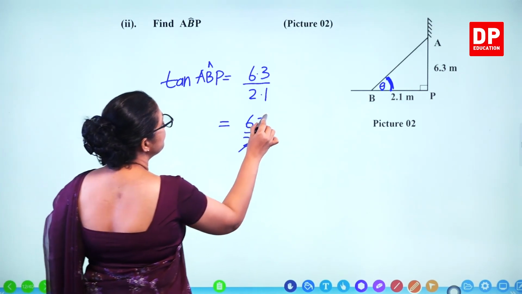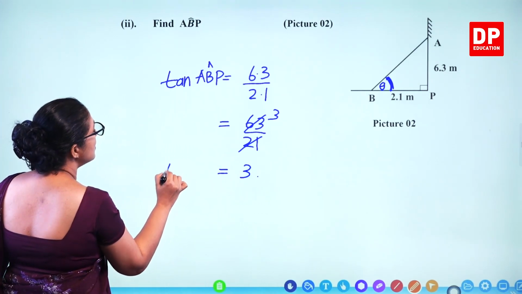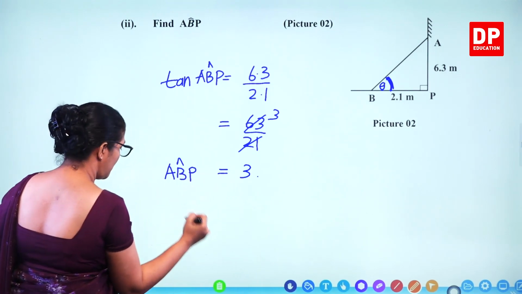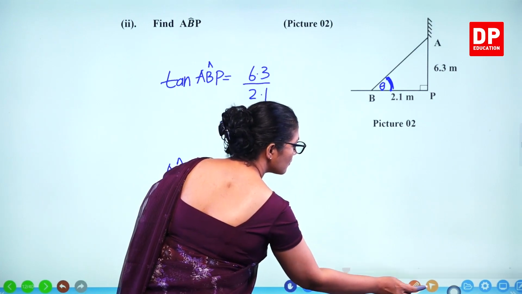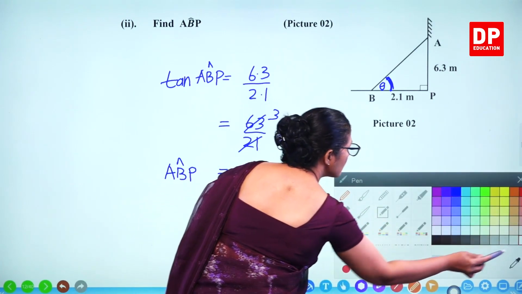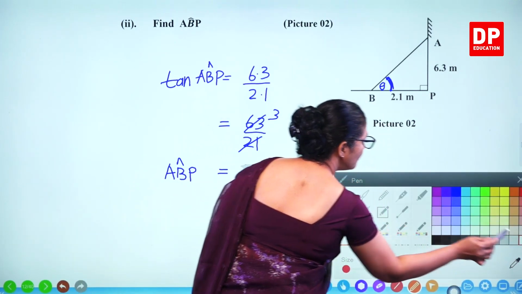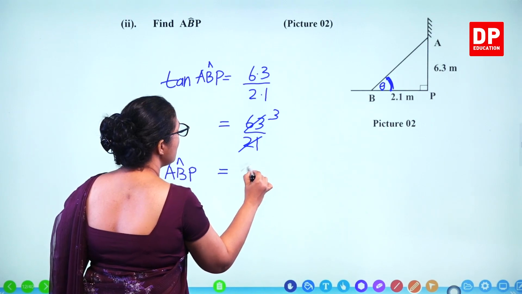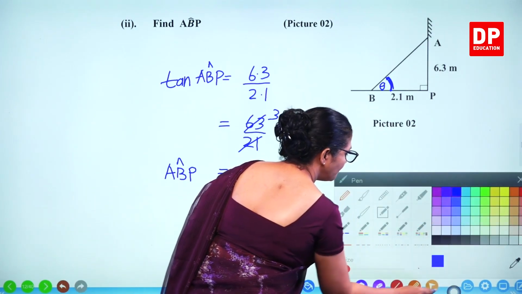This is 3. So you have to find the inverse of 3, tan inverse 3.